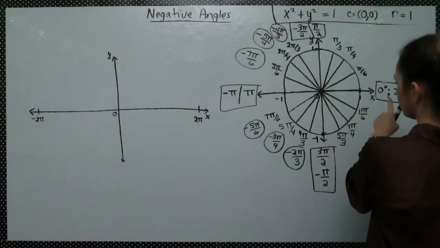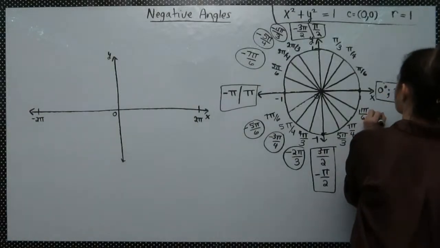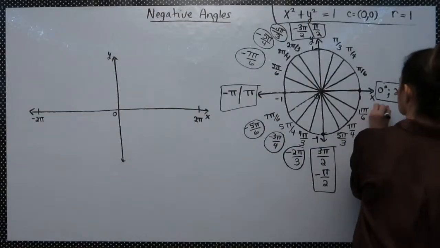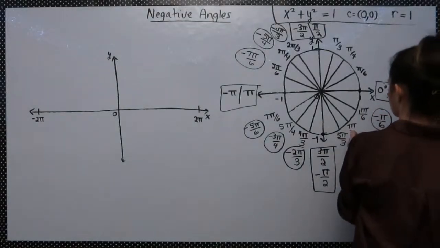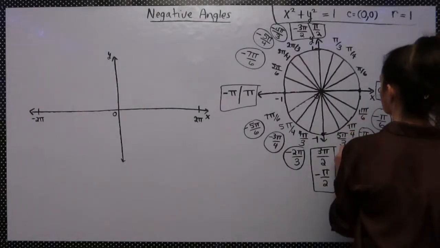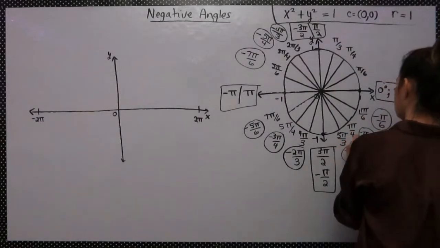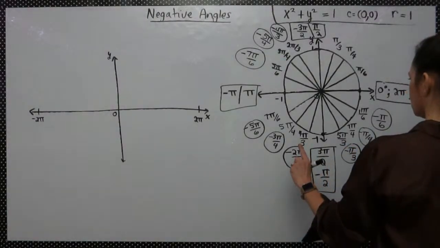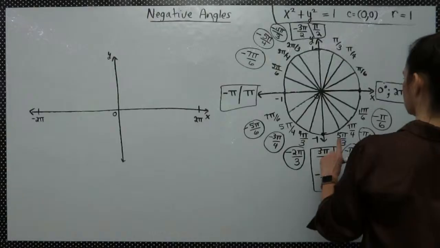This was negative pi over 6. This one was negative pi over 4. And this one was negative pi over 3. And then, hang on.